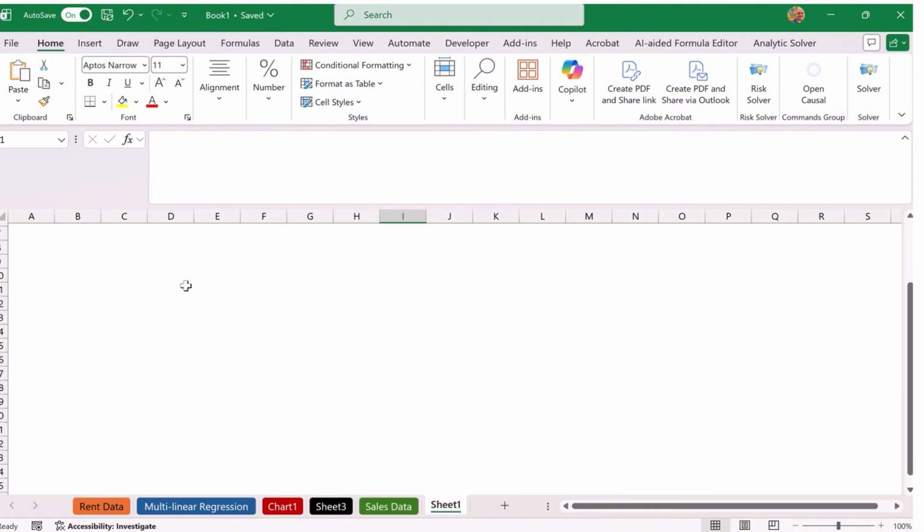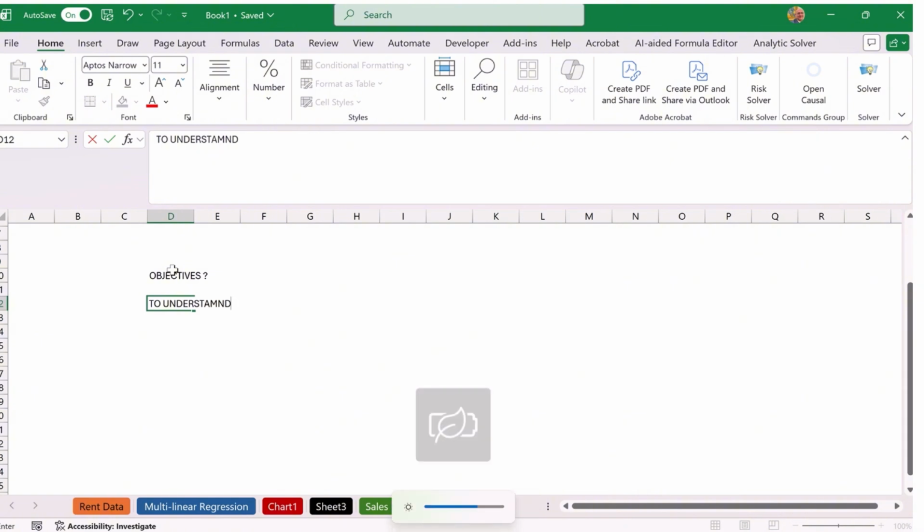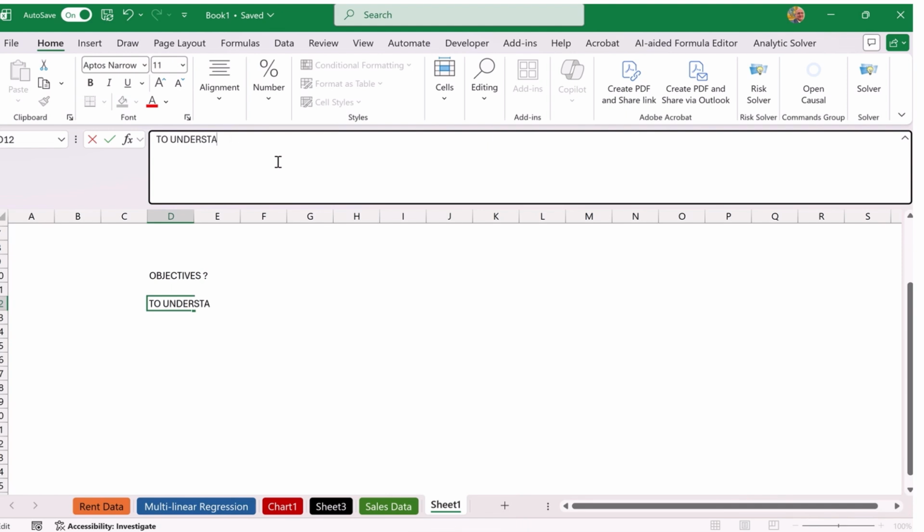Okay, so let's first define the objectives of this research. It is to understand what drives changes in residential yields in Dubai.